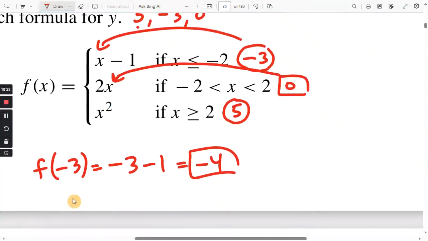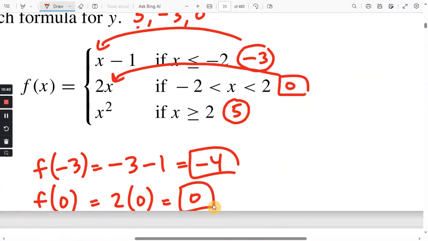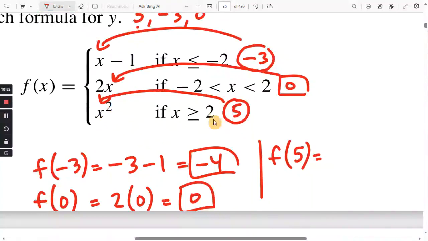So f of 0 is just 2 times 0, which equals 0. And finally, for the 5, you plug it in right there. F of 5. It's x squared, so that's going to be 5 squared, and that's just 25. So that's for the piecewise function.